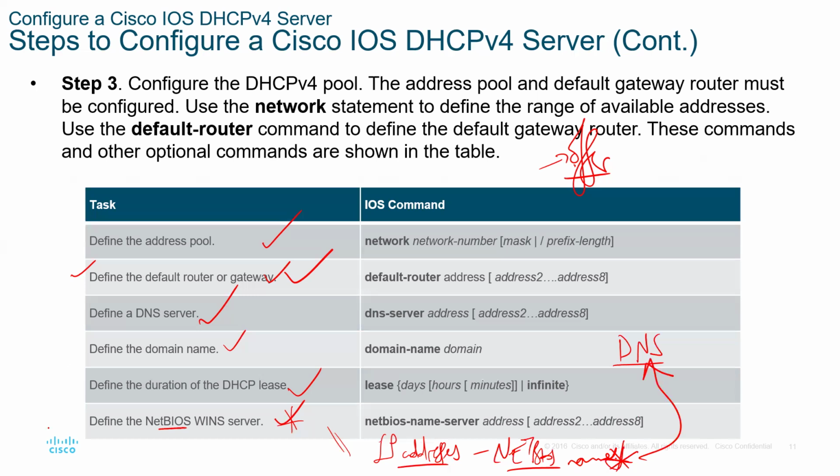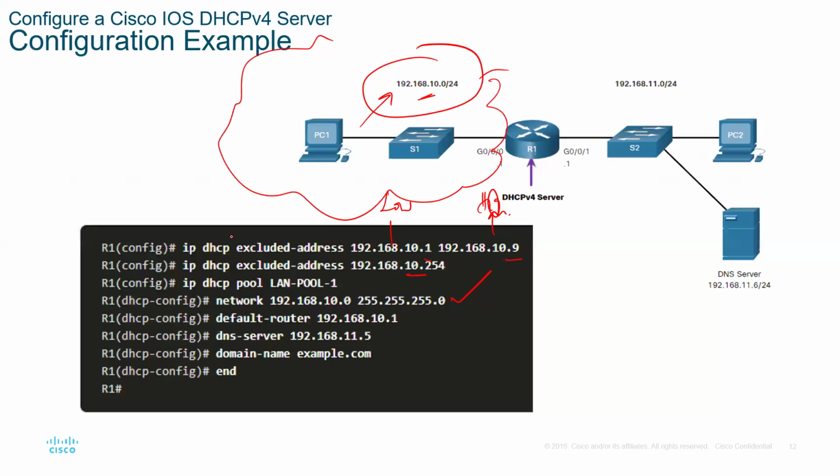Not sure why it's still here. So NetBIOS, the same function is being done by DNS. This is a legacy service there. So duration, domain name, DNS server, gateway, define the address pool. I think we pretty much got step 3.